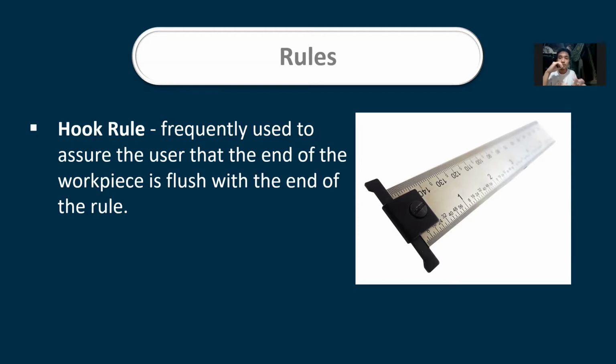Instead of using a ruler na may inaccuracy kapag piniplace sa end, we are going to use a hook rule because yung feature nito is yung may pa-flush sa end, which is more accurate than using a ruler.